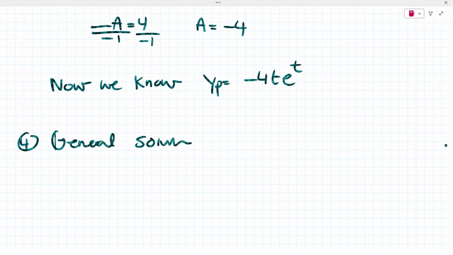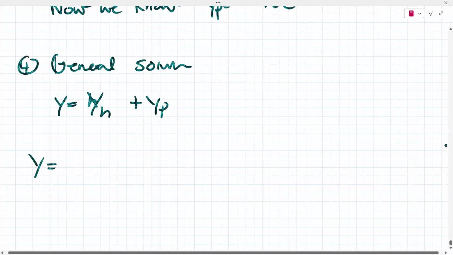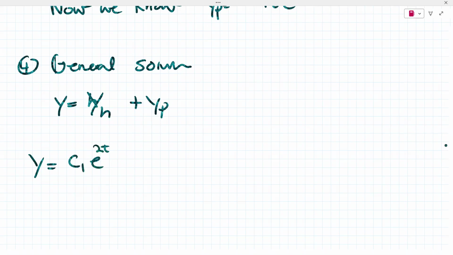Your general solution is going to be y equals y of h plus yp. So y equals y of h, which is c1 e to the 2t plus c2 e to the t, and then your yp is negative 4t e to the t.